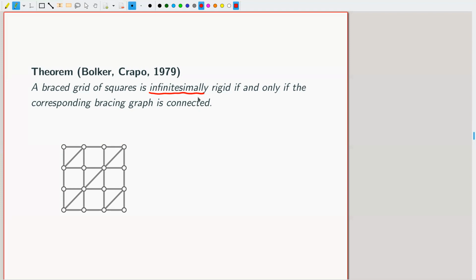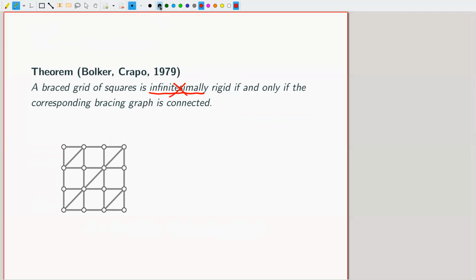There's the first order flex, the linearized version of the problem, which makes things simpler. But actually, using our technique, one can forget about this infinitesimal aspect, and the theorem is the same also for just continuous rigidity. And they say that it's rigid if and only if the corresponding bracing graph is connected.